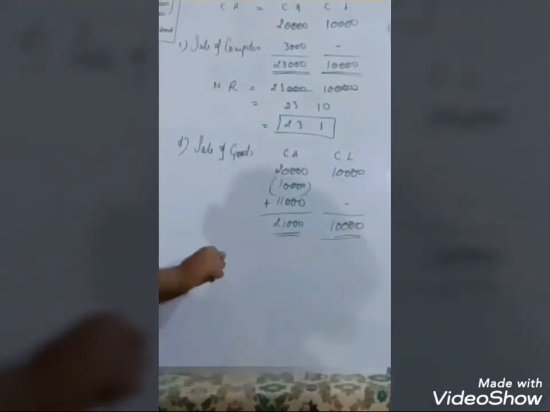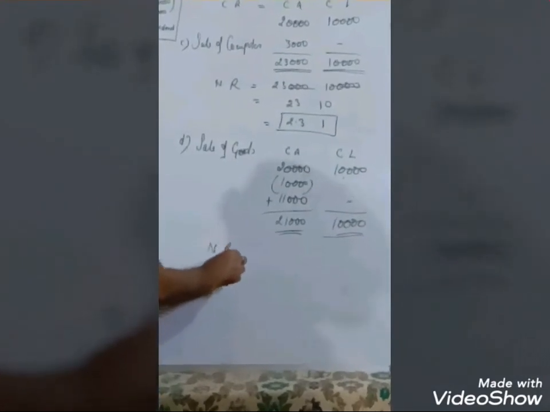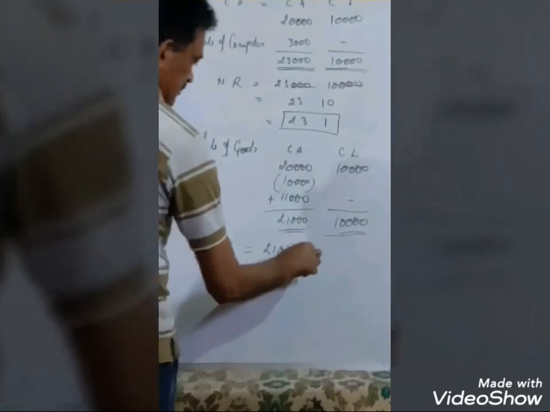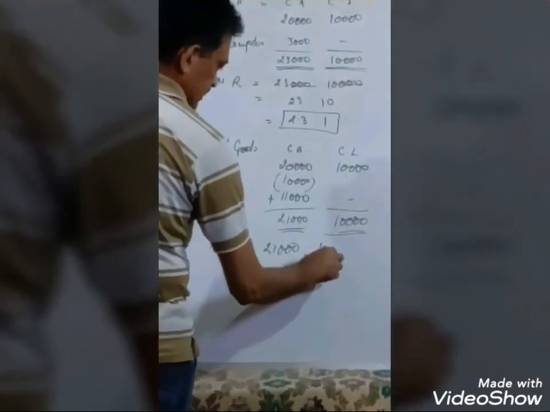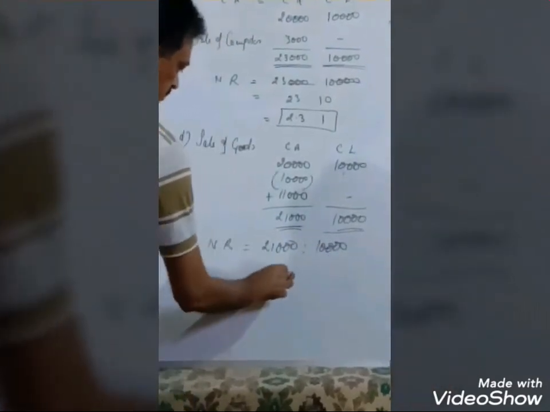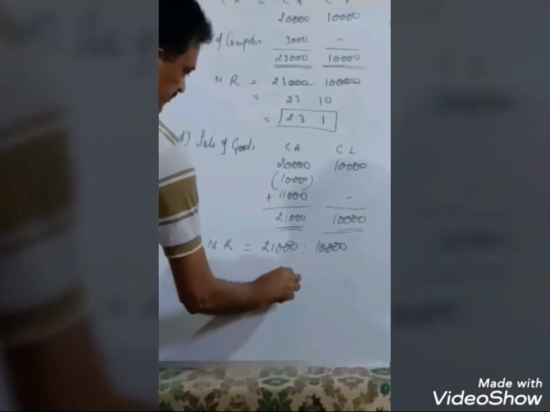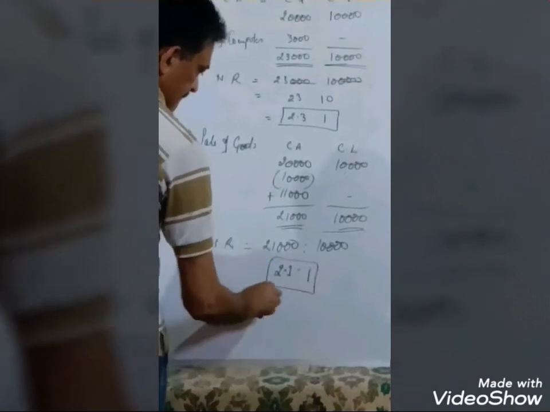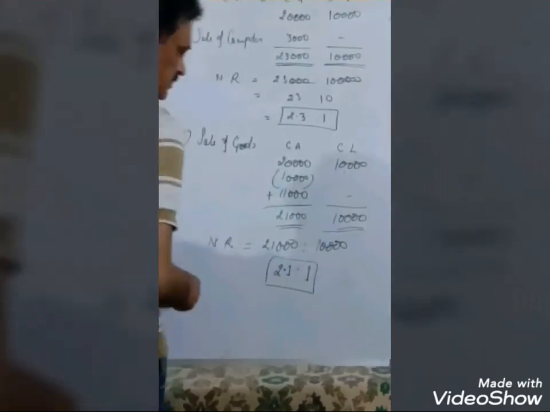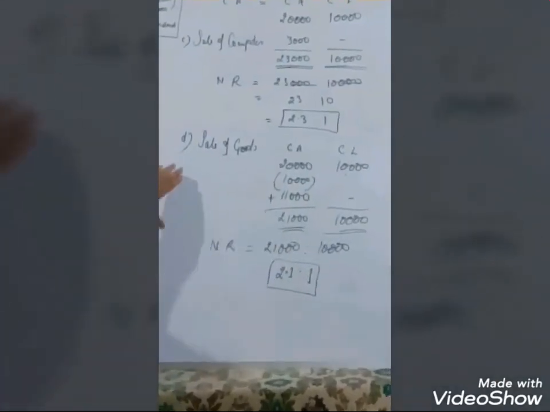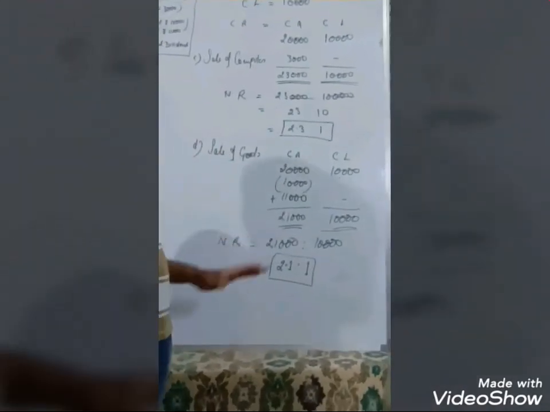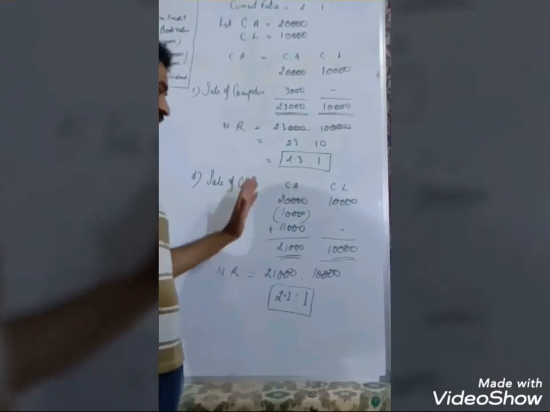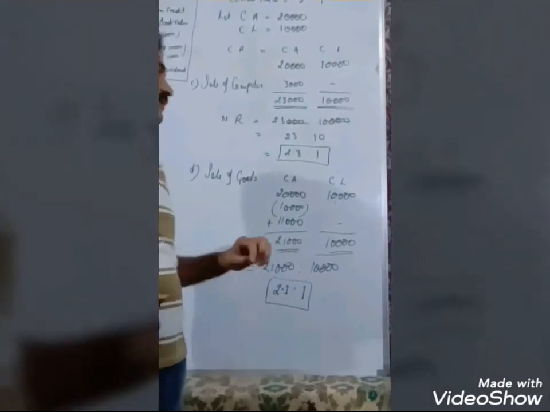Now new ratio after this transaction is 21,000 current assets to 10,000 current liabilities. The new ratio is 2.1:1. This transaction also increased the current ratio because there is a net increase of rupees 1,000 in the current assets.